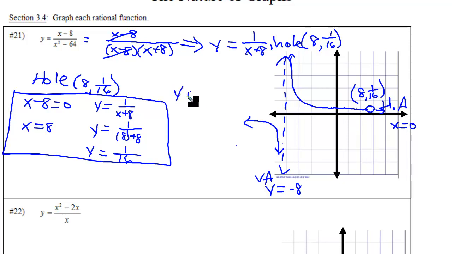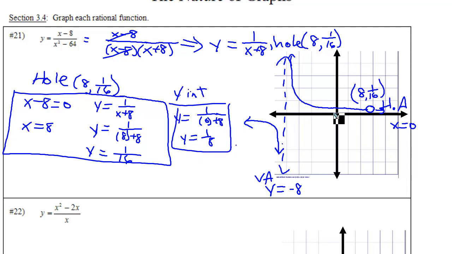Anytime one wants to find the y-intercept, simply put 0 in for x into what's left of the function. So that's y equals 1 over 0 plus 8, which is 1/8. That is my y-intercept. Finished.